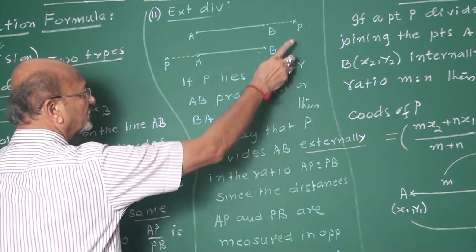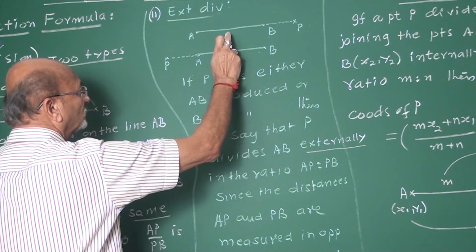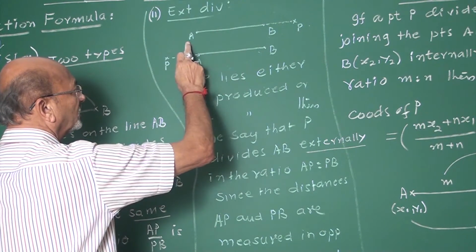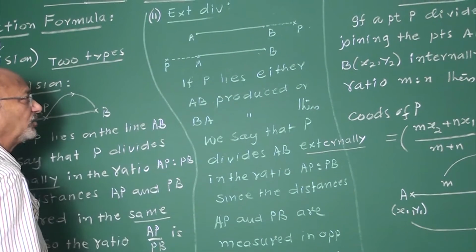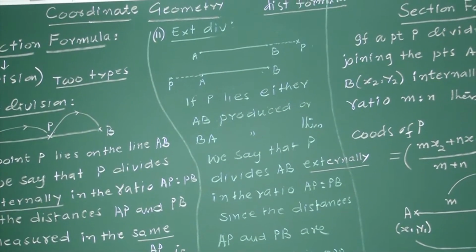External division means where is the point P? It is not on the line AB. It is on either this side produced or that side produced. It is a point on AB produced or BA produced.